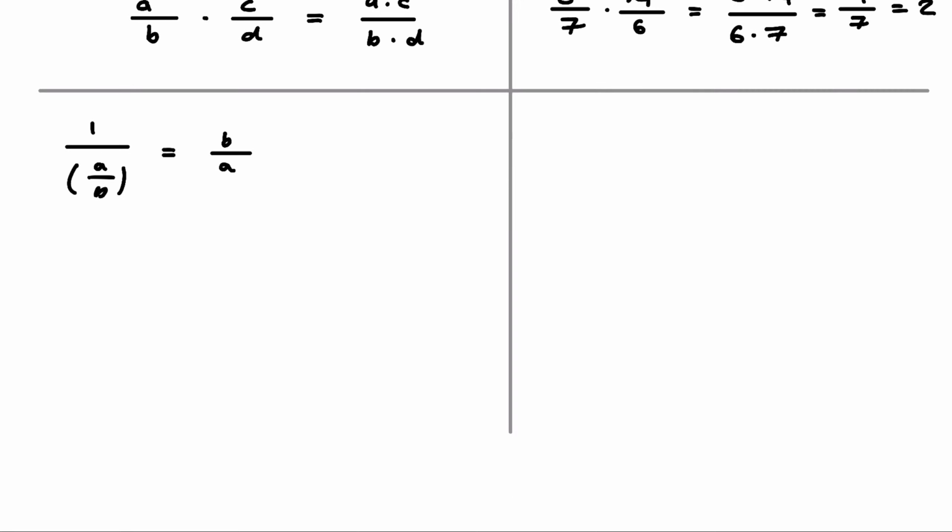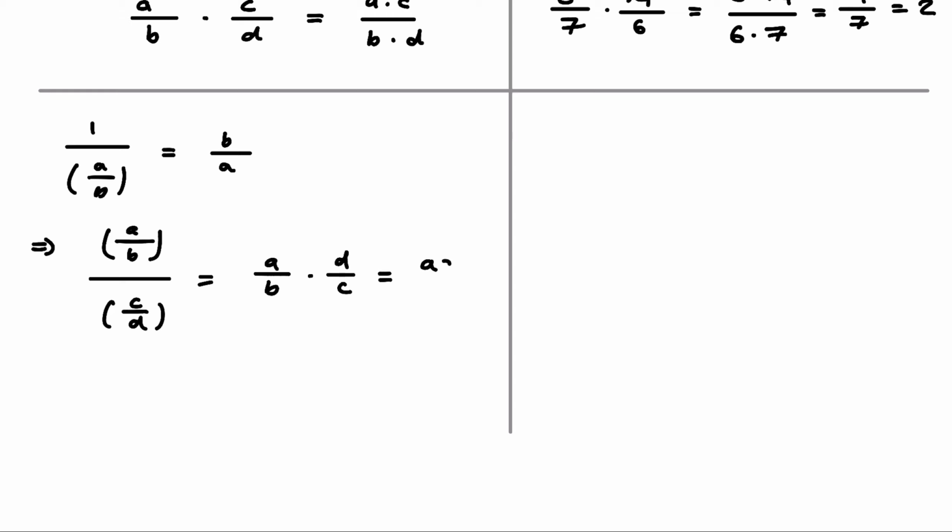So this has a really important consequence when we're dealing with ratios of fractions. So this is A over B divided by C over D, and you turn this one upside down. So this is equal to AD divided by BC.